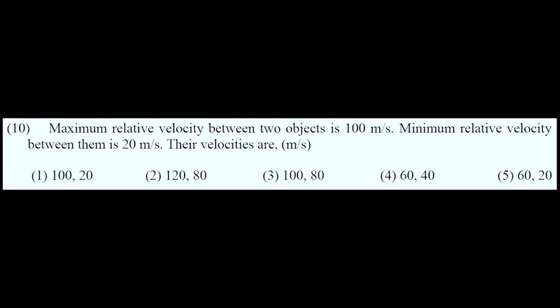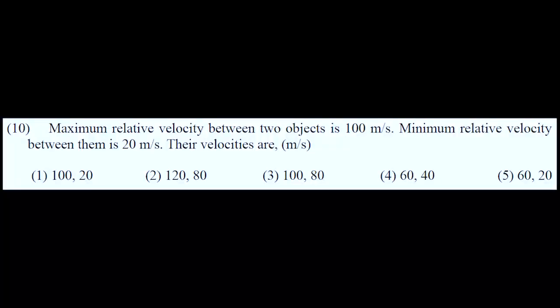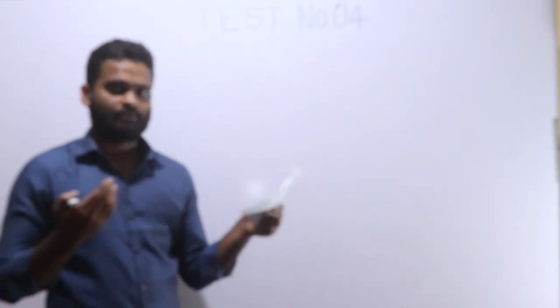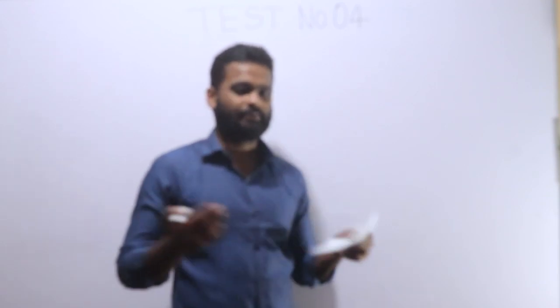They're asking us: the maximum relative velocity between two objects is 100 meters per second, and the minimum relative velocity between them is 20 meters per second. So they're asking for the velocities of each object, meaning relative to Earth.